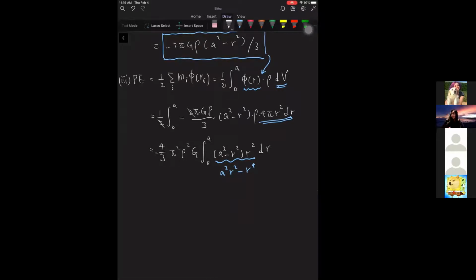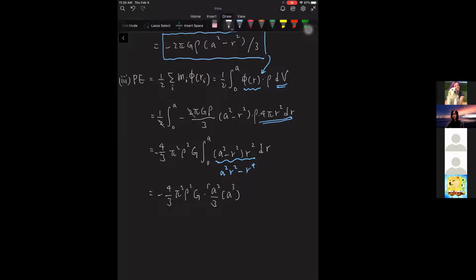Okay, so to integrate this, a squared is taken out, and r squared integrates to r cubed over 3, plugging in with a cubed, right?